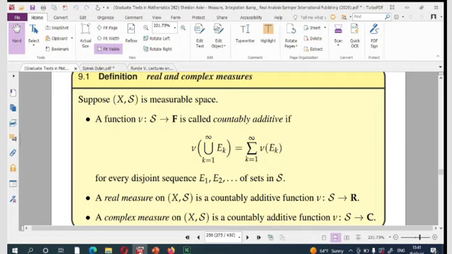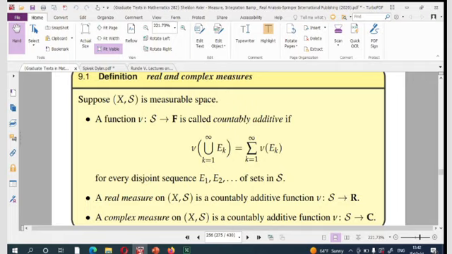Nu is a function from S to F. F may be equal to R or complex number C. This value is not a non-negative element.